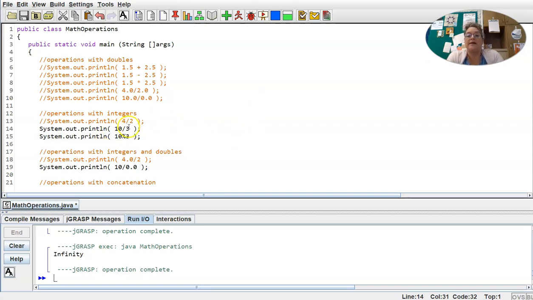So if we divide 10 by 3 as an integer, we know that it's going to discard any decimal value that comes after and only give us that whole number that divides evenly into 10. The modulo operator, this percent sign, is going to capture that remainder that got discarded. Okay? So the modulus operator is going to take the 10, divide it by 3, and tell us what's the remainder after we do that division. So let's go ahead and run.